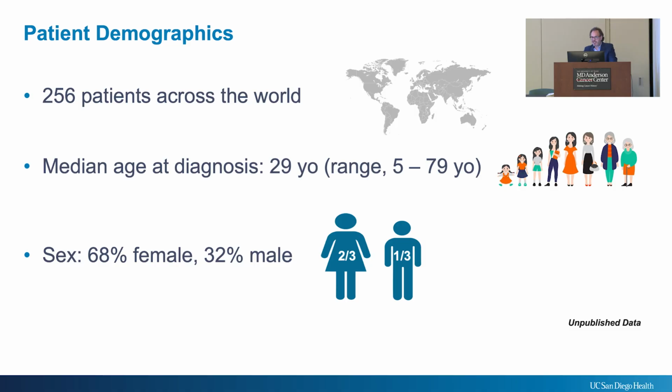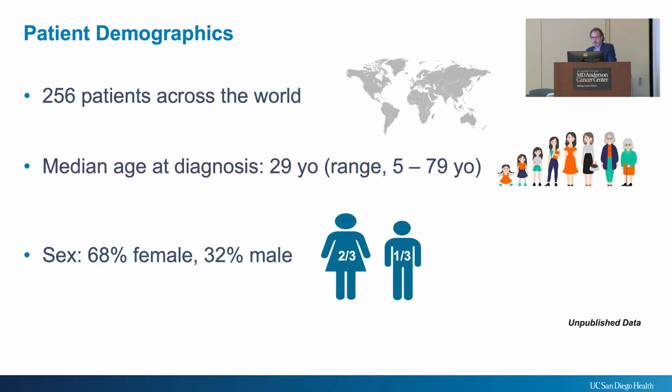To my surprise, the median, meaning the middle point, age for these patients was actually not teenagers. It was 29 years old. But in the series, we saw patients all the way from first diagnosis at 5 years old to last diagnosis at 79 years old. If you had asked me this a couple of years ago, I would have said that's probably not possible. But the reality is, as we've looked more and more, we're seeing it.